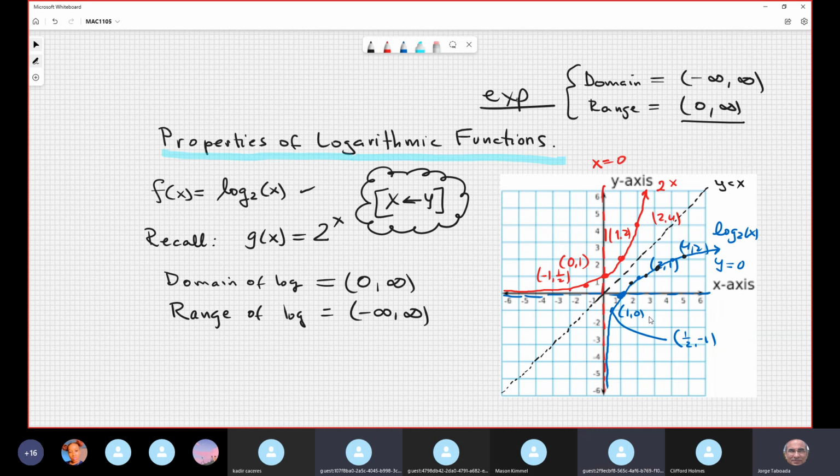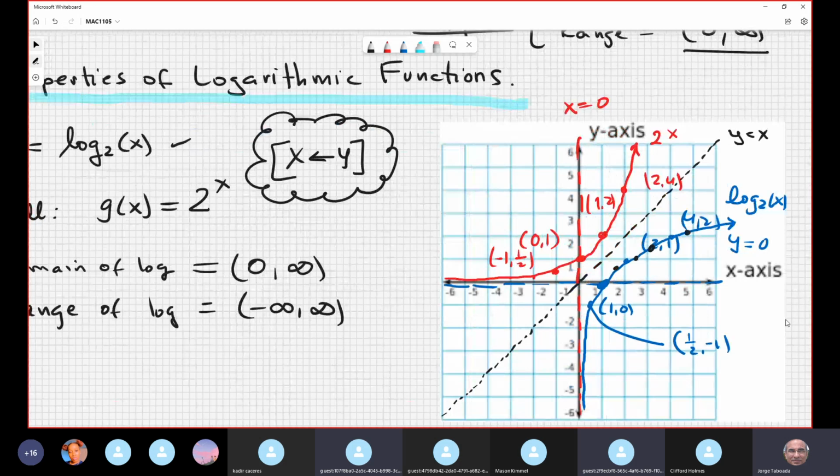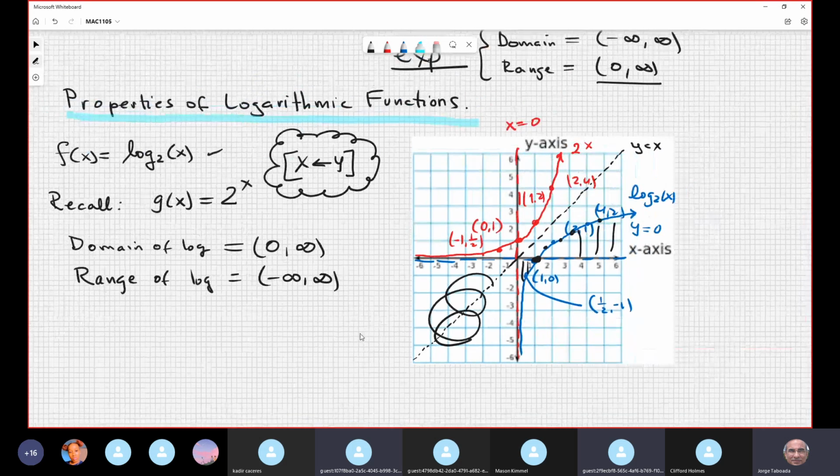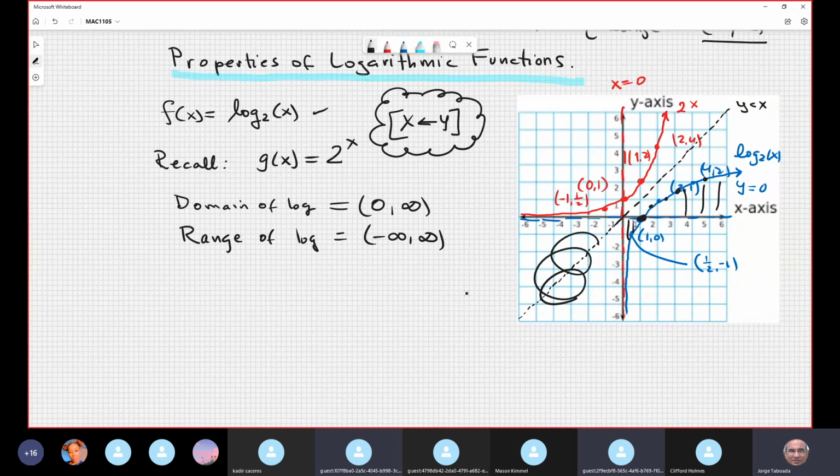Look, logarithm of 1, let me zoom. Logarithm of 1 is 0. Look at that. Here, (1,0). The logarithm of a number greater than 1 is positive. The logarithm of a number less than 1 is negative. And we never have anything in that quadrant. Therefore, you need to be aware. This is a moment to say that the logarithm of 0 and the logarithm of any negative number is completely undefined.